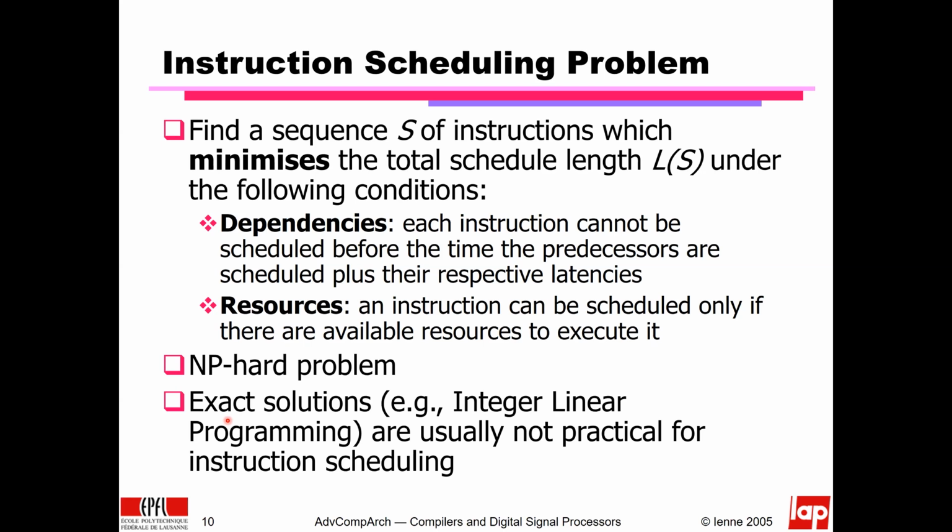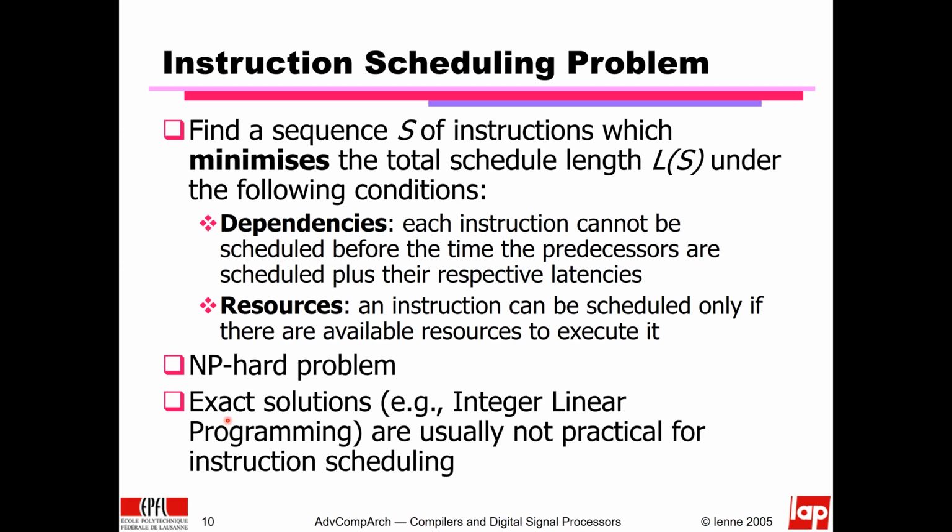We know these things very well, because we have done enough of this. We need to respect the available dependencies, and the available resources: I cannot schedule three additions in the same cycle if I have only 2 adders.